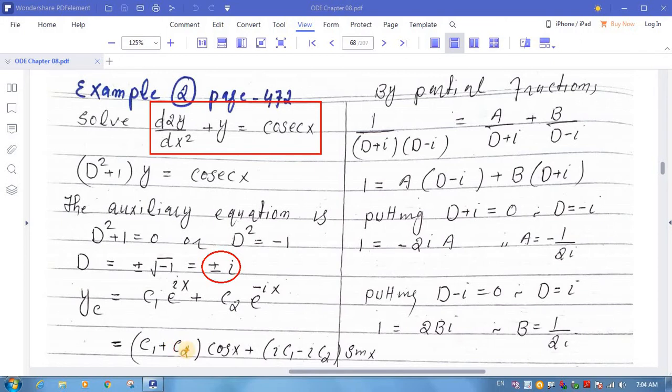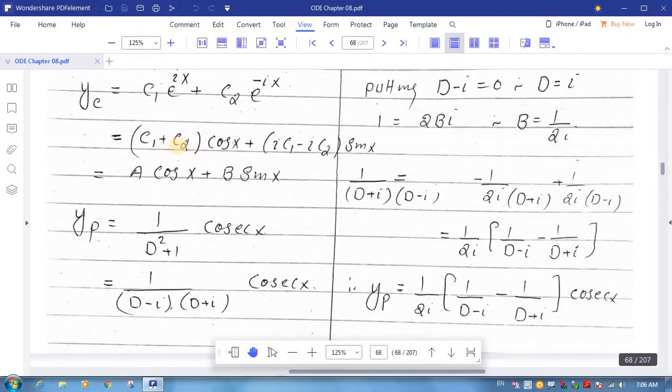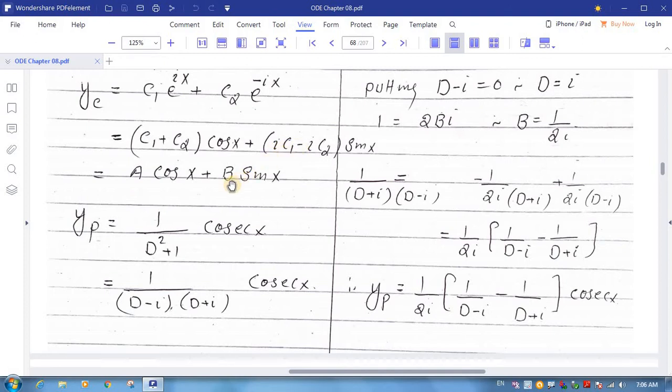Similarly we place iota c1 minus iota c2 with sin x common. Now the sum of constants is equal to constant a, and the difference of constants is equal to constant b. So this is the complementary function.